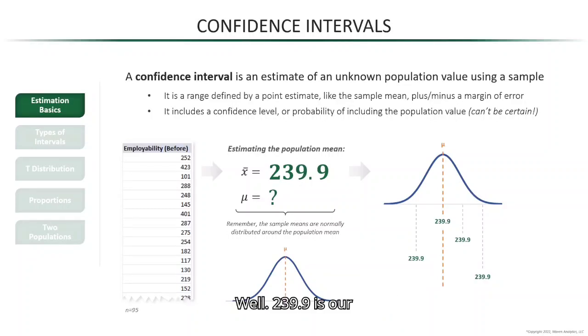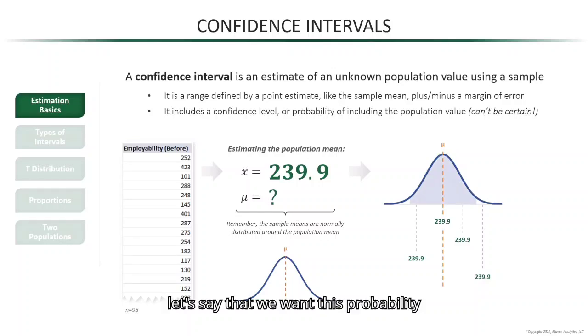Well, 239.9 is our point estimate, but it's unreliable. So we need to add a margin of error on either side to increase our probability of including the population mean in our estimate. And remember, if someone says probability from now on, you say area under the curve.